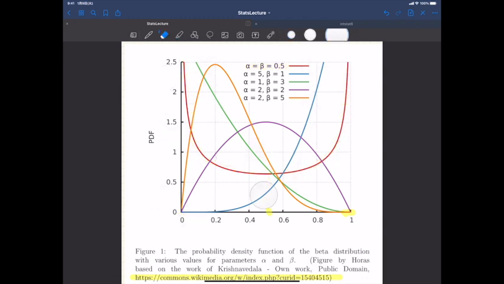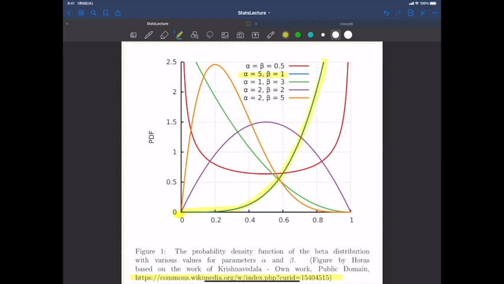And when alpha is 5 and beta is 1, so alpha is larger than beta, in that case we have this curve. When x is close to 0, the density is close to 0.